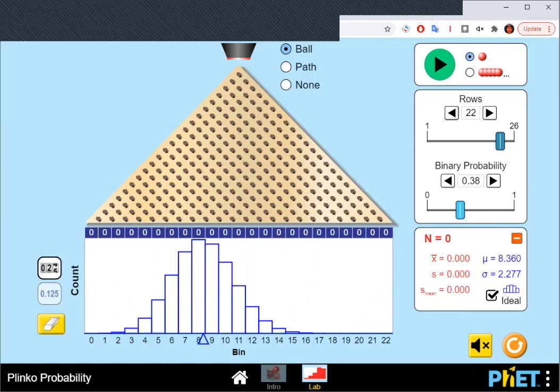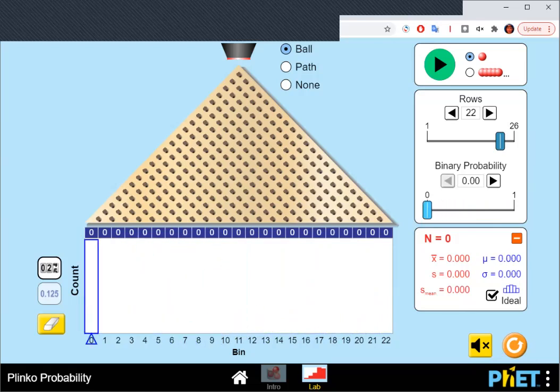And also consider the extreme case in which the probability is just 0%. And so there's no chance that you're going to go to the right, you only go to the left. So this means there's only one path, just one outcome. And so the total count, well, it's just all of them go there, right? No matter how many you toss, it's impossible to get out of this bin.